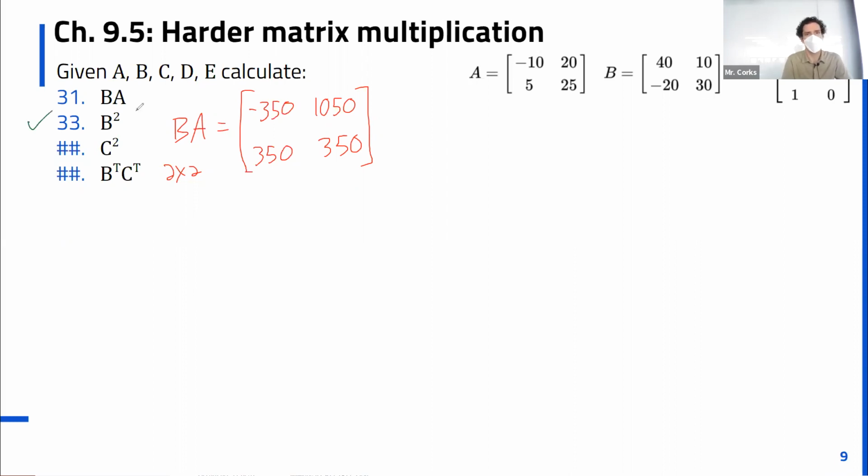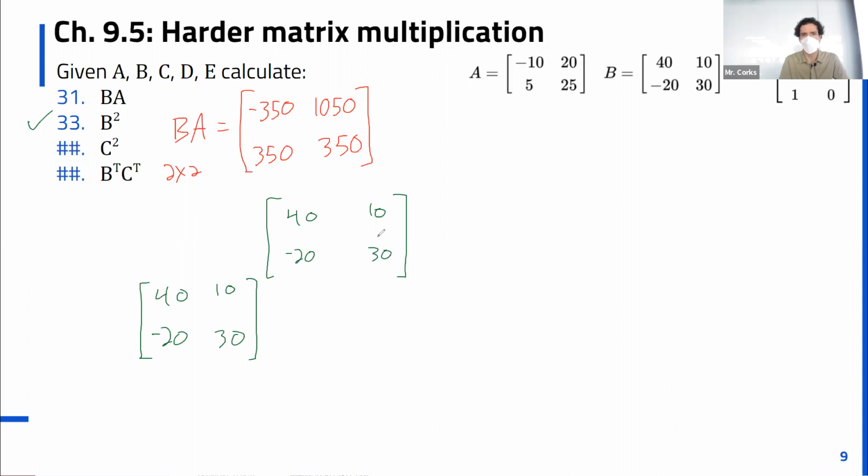Yes, okay. They're both 2 by 2 matrices, so we have B, which is 40, 10, -20, and 30, and B again, 40, 10, -20, 30.